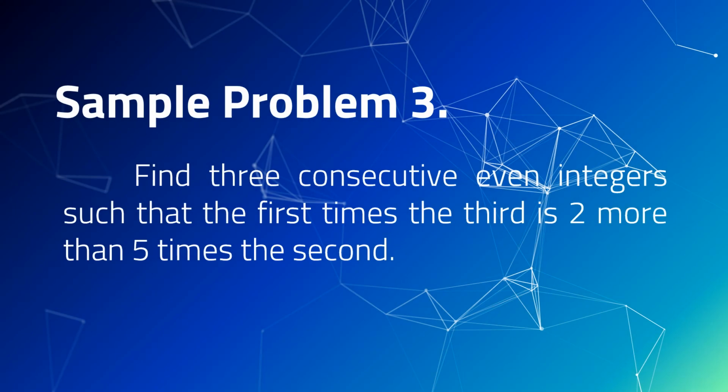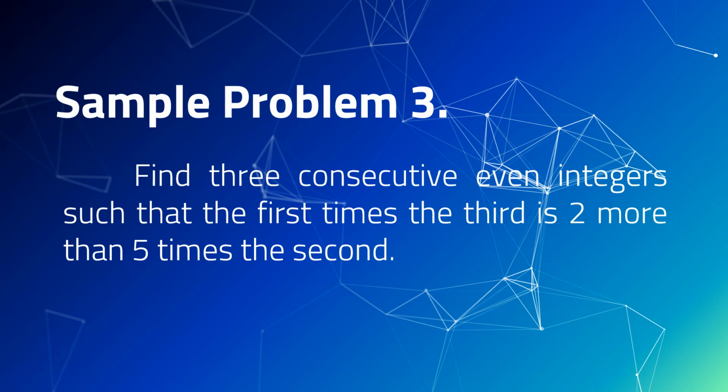Okay, so let's proceed with the last problem. We are going to find three consecutive even integers such that the first times the third is 2 more than 5 times the second. So in this problem, we are going to look for three consecutive even integers, three succeeding even integers.